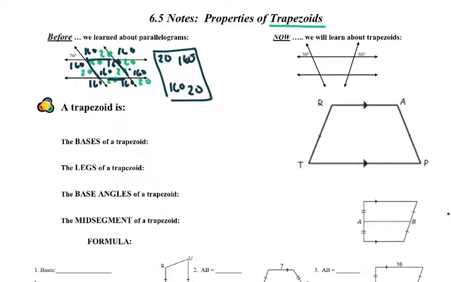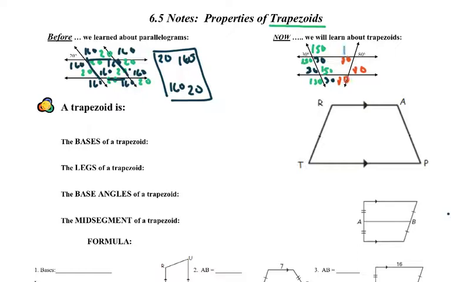Now we're going to learn about trapezoids. And trapezoids really come from two separate checkerboards. So here I've got 30, 30, 30, 30, 150, 150, 150, 150, right? That's a checkerboard. But the checkerboard on the other side is not going to match. That's got 80, 80, 80, 80, 80.